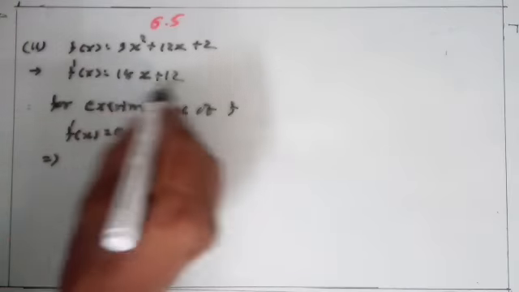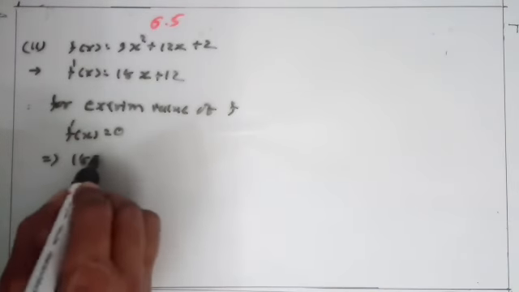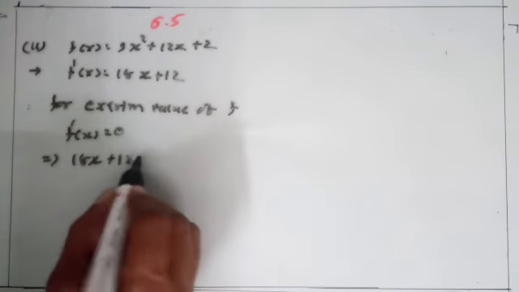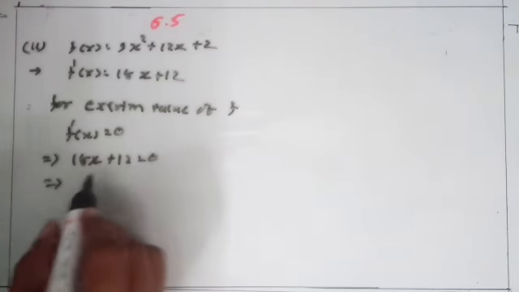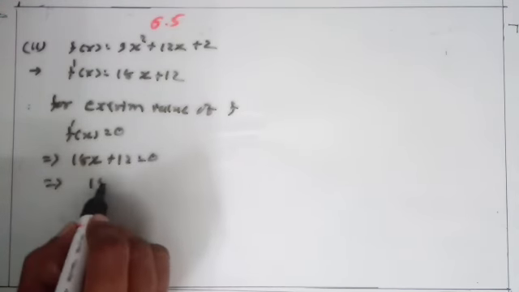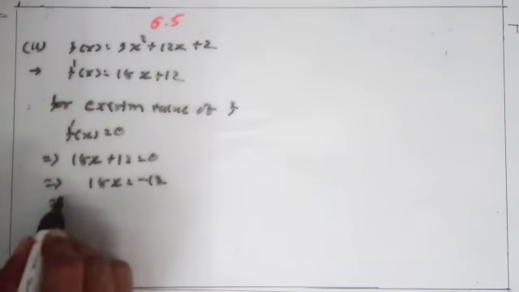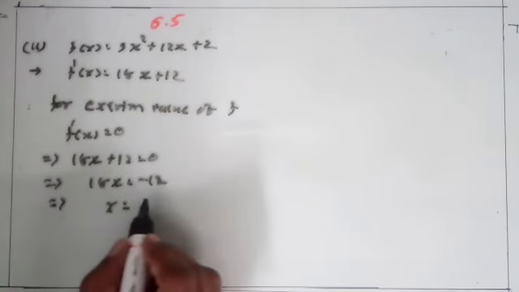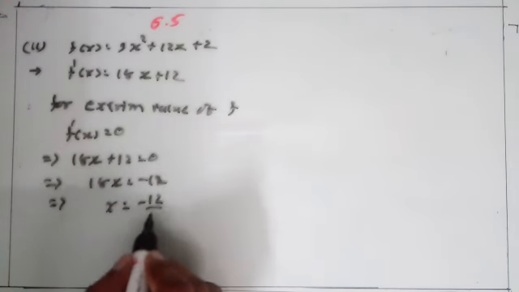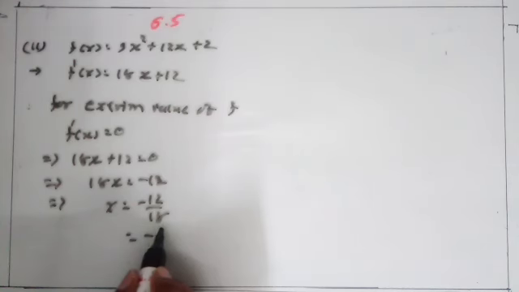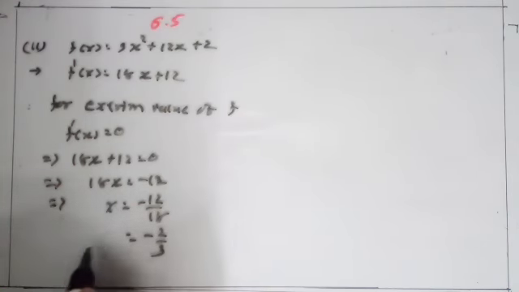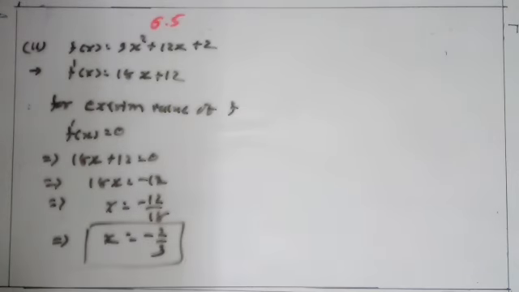This implies 18x plus 12 is equal to 0. This implies 12 take this side, so 18x is equal to minus 12. Clear? So x is equal to minus 12 upon 18, dividing by 6, we get minus 2 by 3.